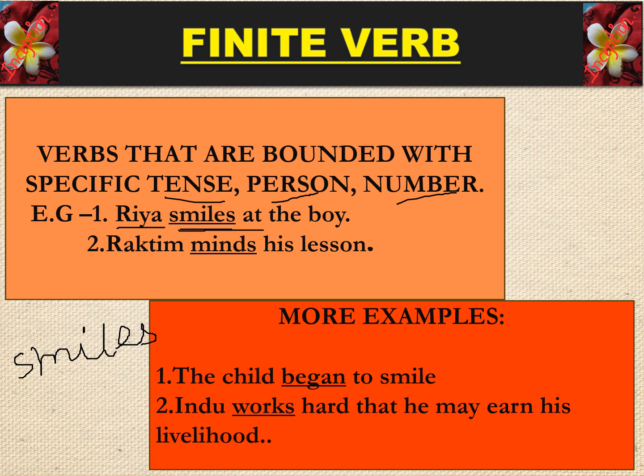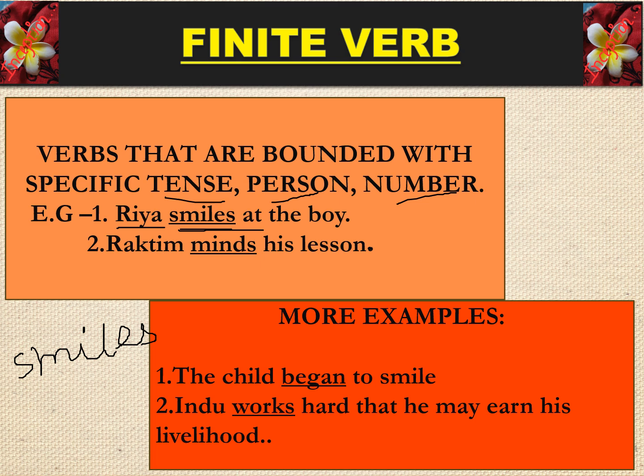So the same rule is here. Ria smiles at the boy. That's why we are adding s to the verb smile. So as I have already mentioned, finite verbs will follow every rule, right? So here we can see that the verb smile is changing its form. That's why smile is a finite verb.